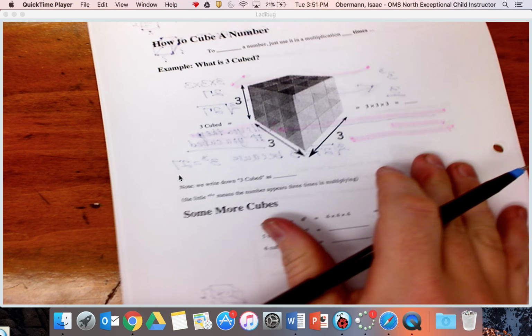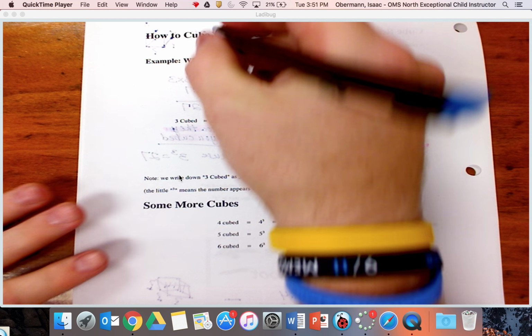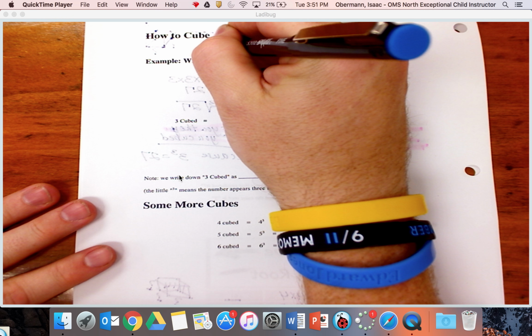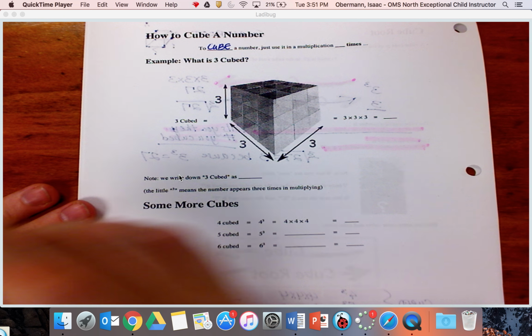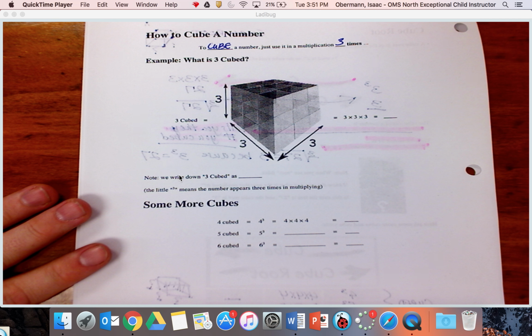So let's review a little bit here. And there it is again, the picture of our cube. It's a 3-dimensional shape, and we just want to be able to see what happens. When I cube a number, what I'm actually doing is multiplying it by itself 3 times.